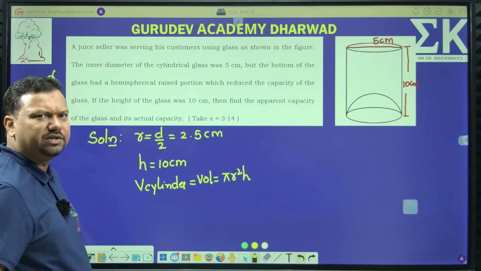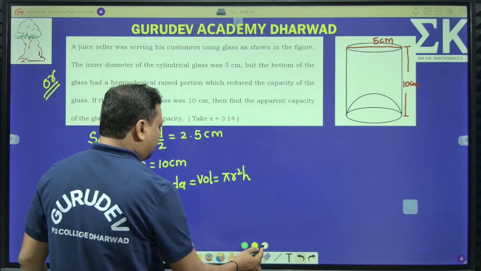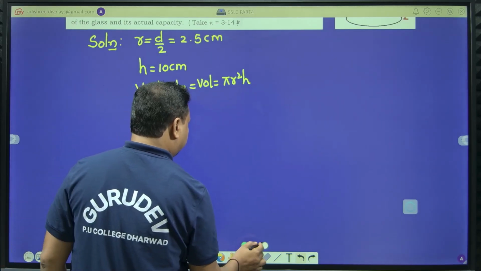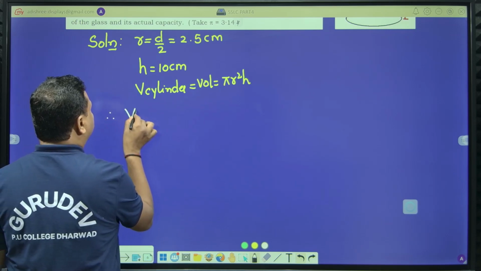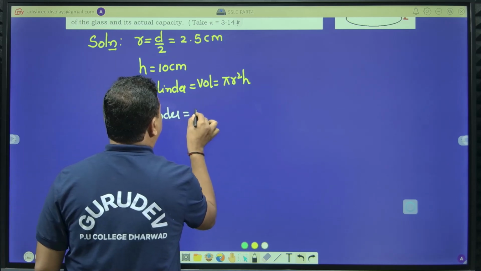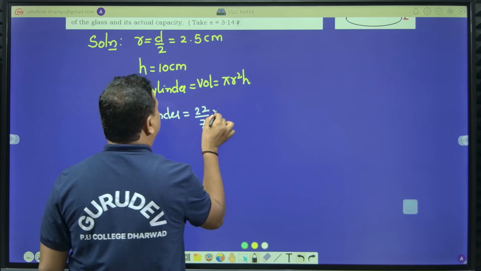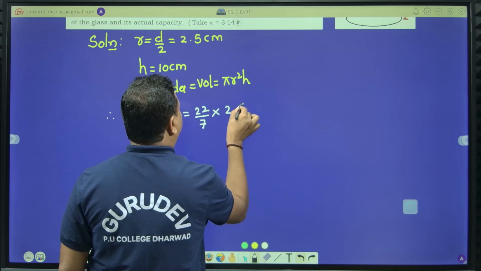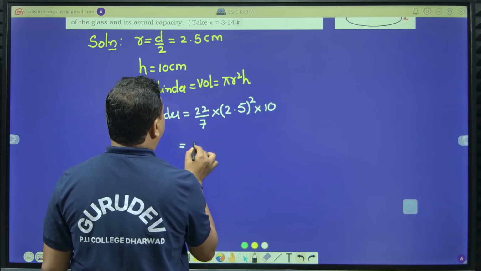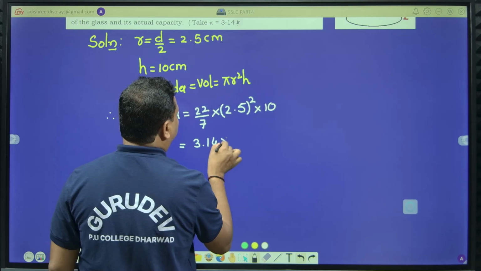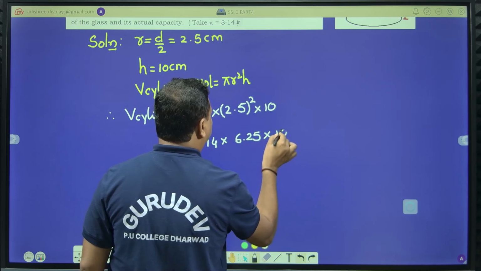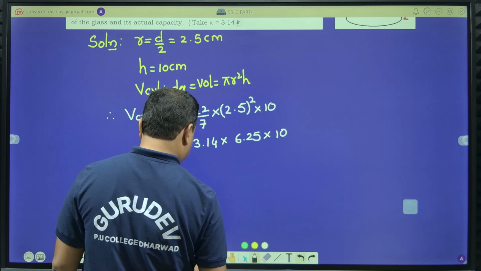So, let me calculate the actual capacity first, by substituting the values. Volume of the cylinder is equal to pi into r square, 2.5 whole square, into h. They have already given pi as 3.14, so 3.14 into 6.25 into 10. What should be my answer?